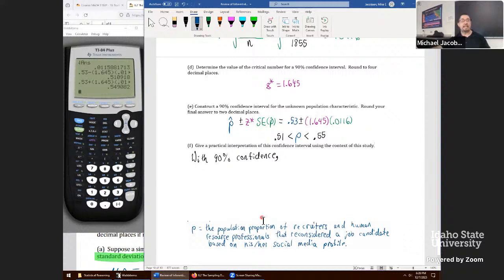Next, we have to indicate the population characteristic, and I'll change proportion to percent, since it just makes more sense as a practical interpretation as percentages, but you can keep them as proportions if you prefer.